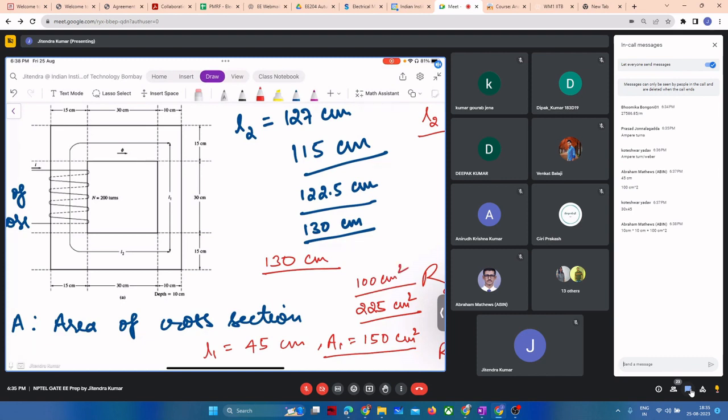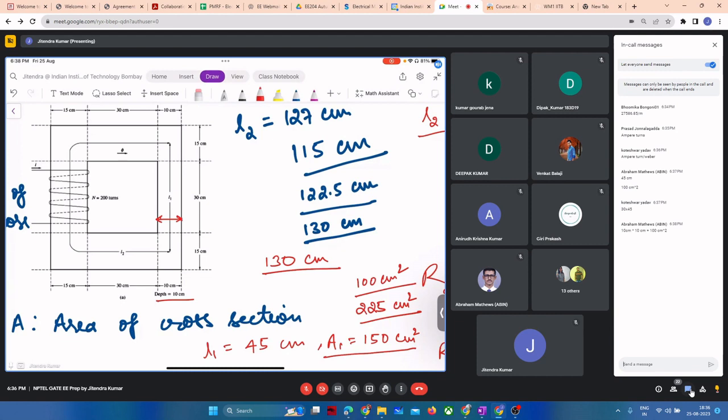Where are you making the mistake here? I am not able to get it. See, the depth is fixed along the z direction, that is 10 centimeter. The only thing we have to know is the width of this section, and that is 10 centimeter only.